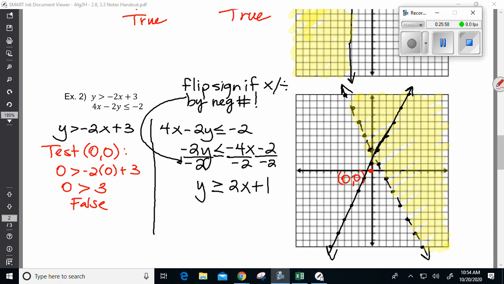I either want a point to the left of that line or to the right of that line. This time, give me a point to pick.